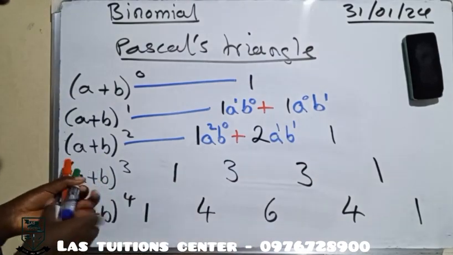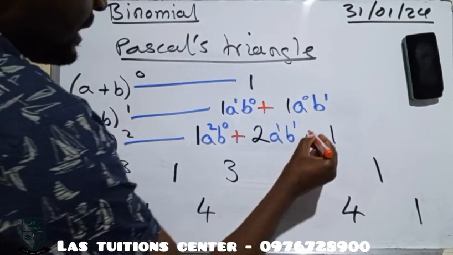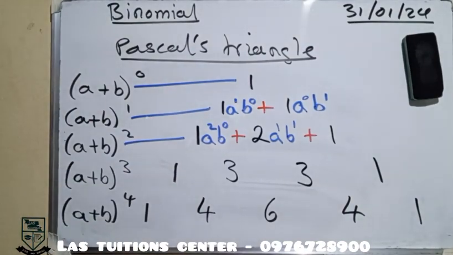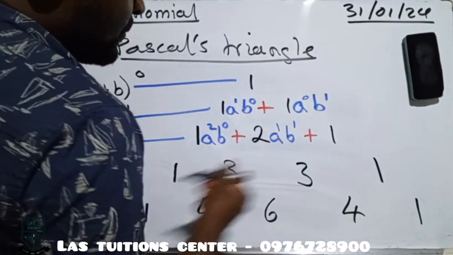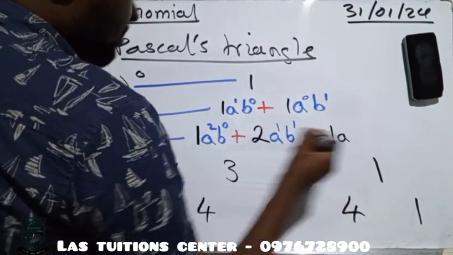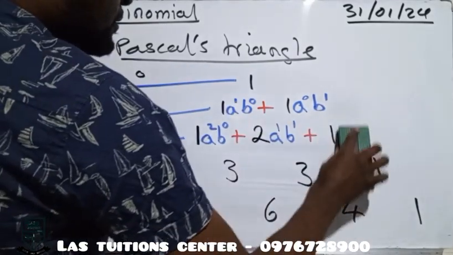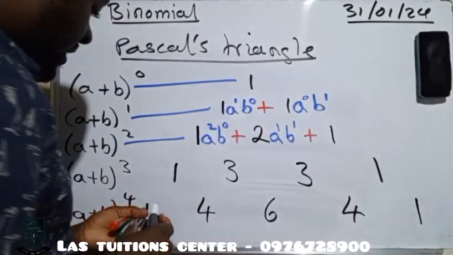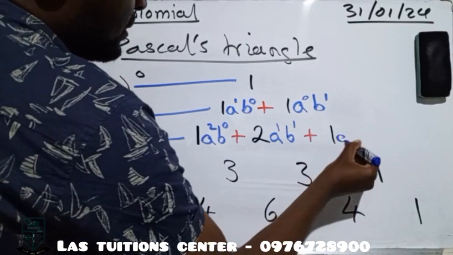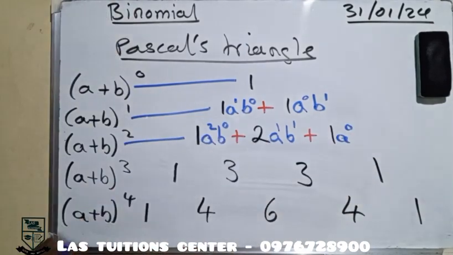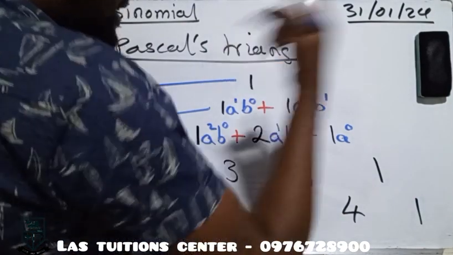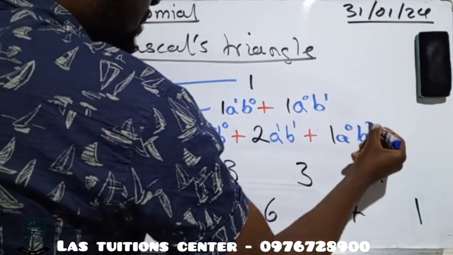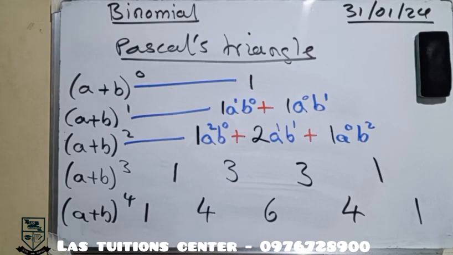And then we have plus, and then the a which had power 1, when we subtract 1, it will become a to the power 0. It would have lost that one. And then the b, which had the 1, it will gain the 1 and become b to the power 2. And we are done with that one.